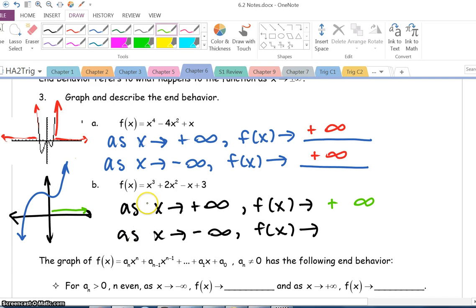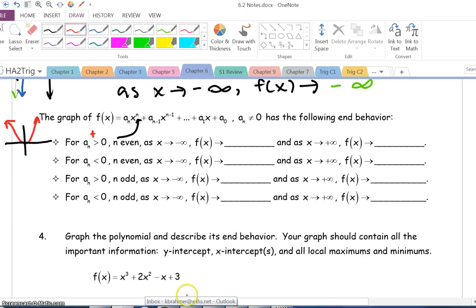As x approaches negative infinity, we are going to the left, and the curve is going downward, so it approaches negative infinity. And there you go. That's how you do end behavior.